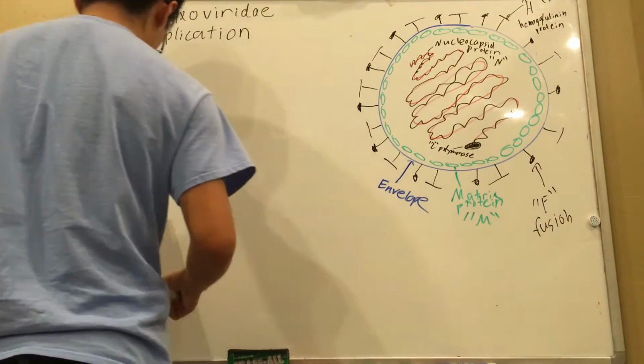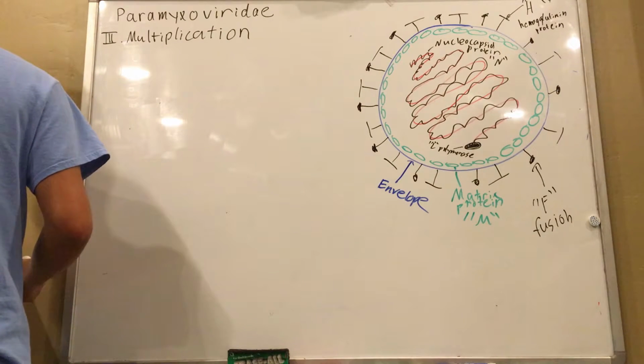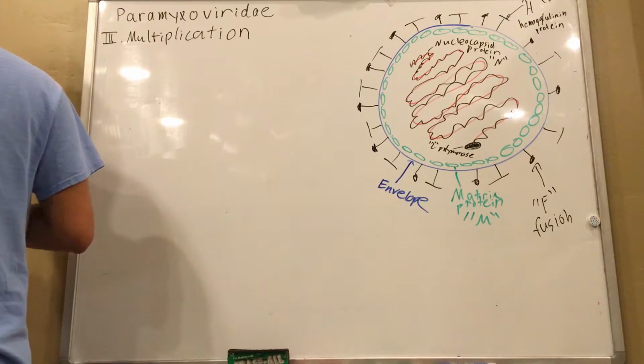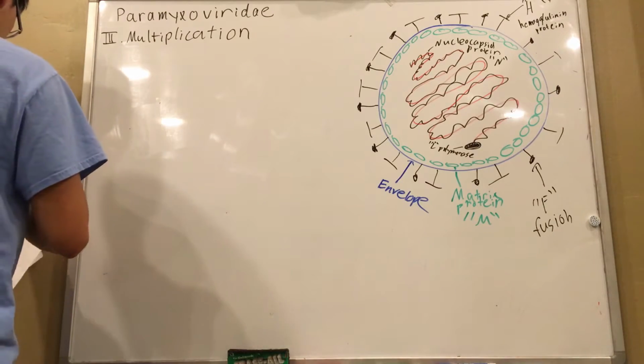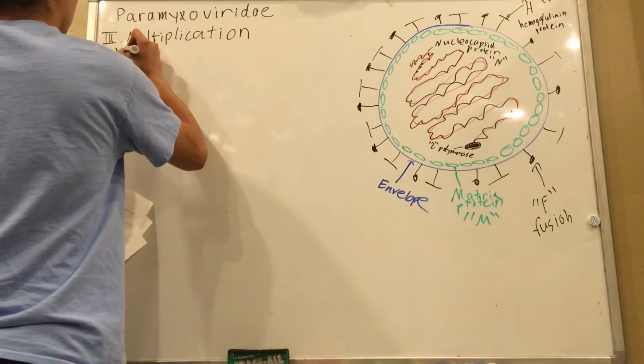Okay, so multiplication. What's the next main bullet point? Right here. So general steps.